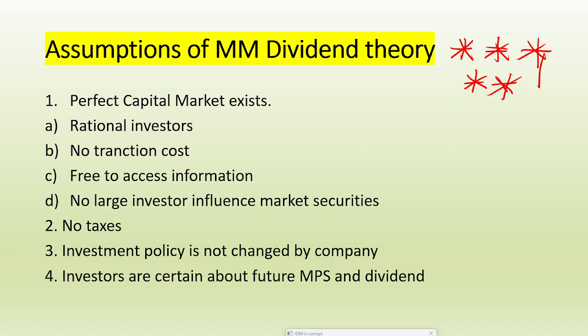So the first one is that a perfect capital market exists. There are some conditions; if they are not there, the perfect capital market won't exist. First, the investors are rational. Then there are no transaction costs.